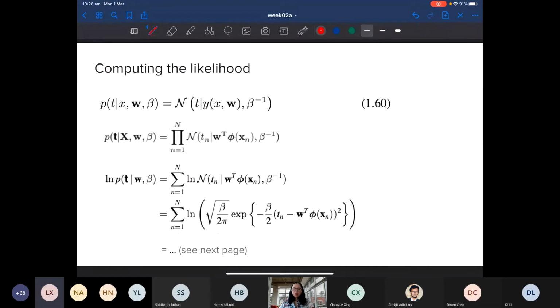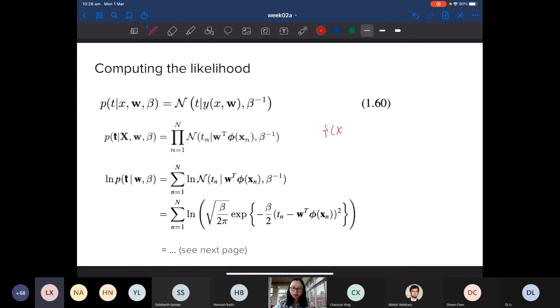So now let's compute data likelihood and then see what the maximum likelihood solution is, right? In here, if we have one data point, the input of x, output of t, the probability of observing the output t given the regression function, assume w is known, is this normal form, 1.60, right? And then if we have a range of input and output tuples.